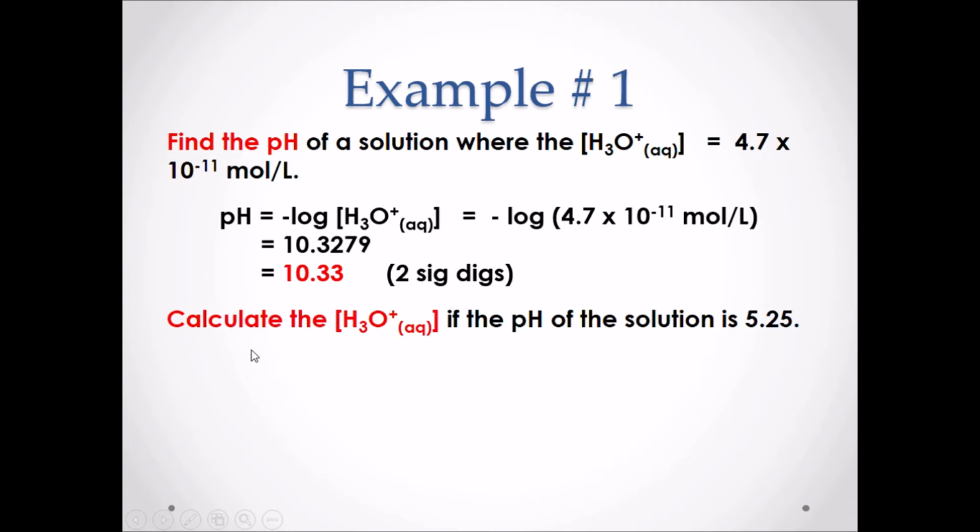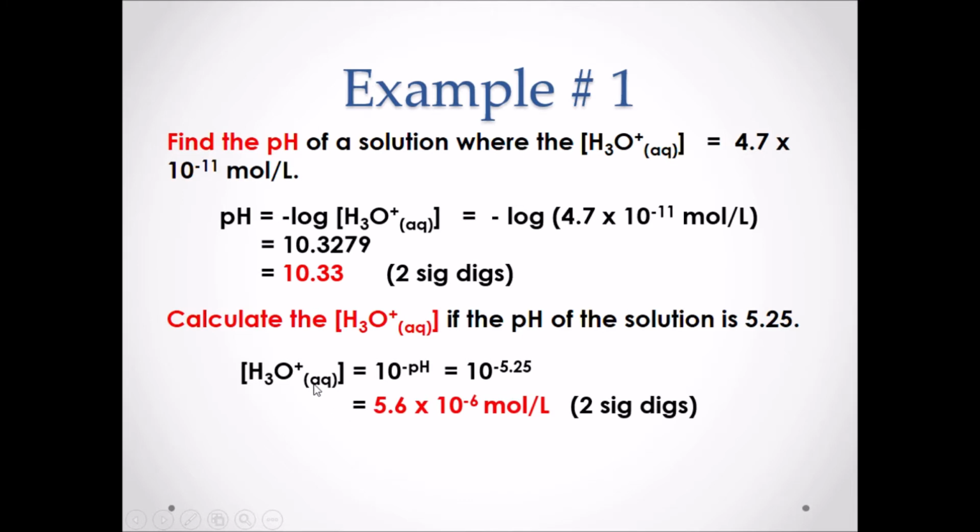The next part, calculate the concentration of H3O+ if the pH of a solution is 5.25. Well, the concentration of H3O+ is equal to 10 to the exponent negative pH, which is then equal to 10 to the negative 5.25, which is provided in the question.